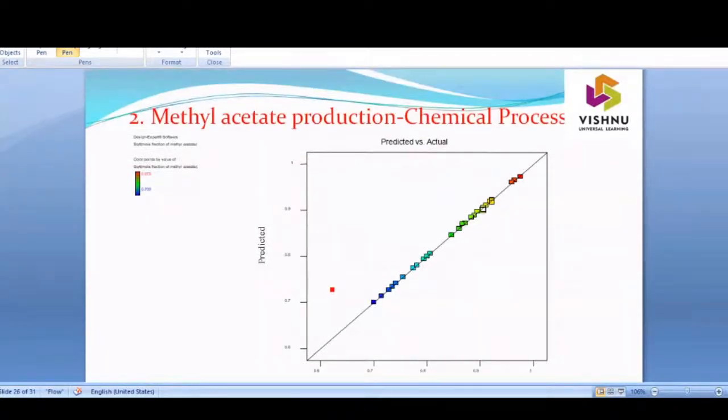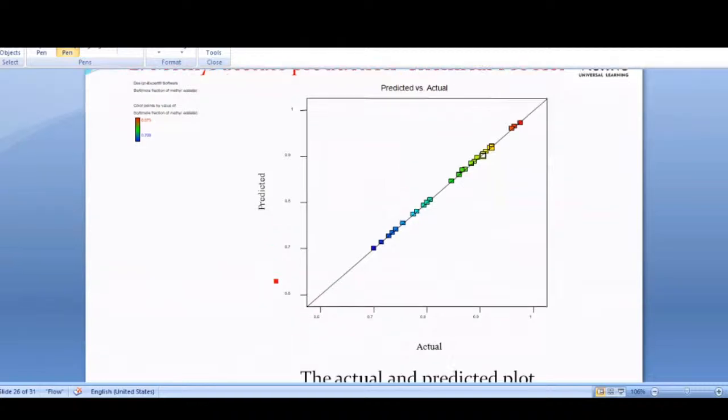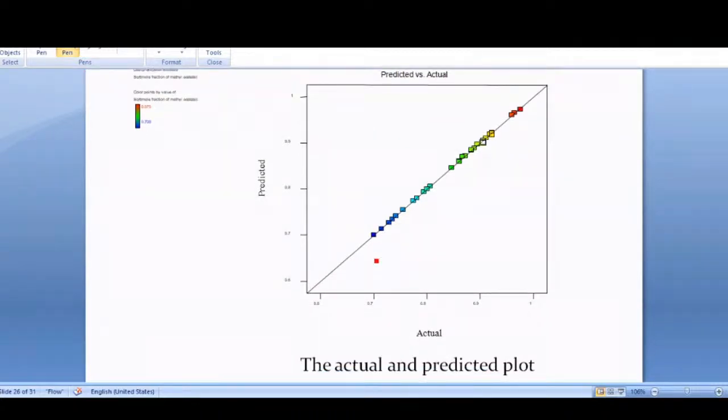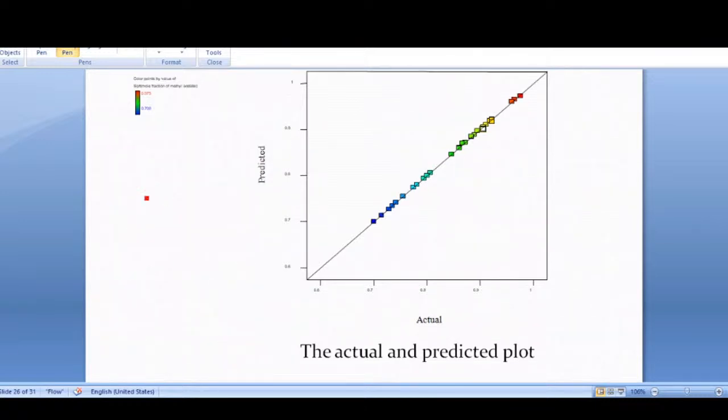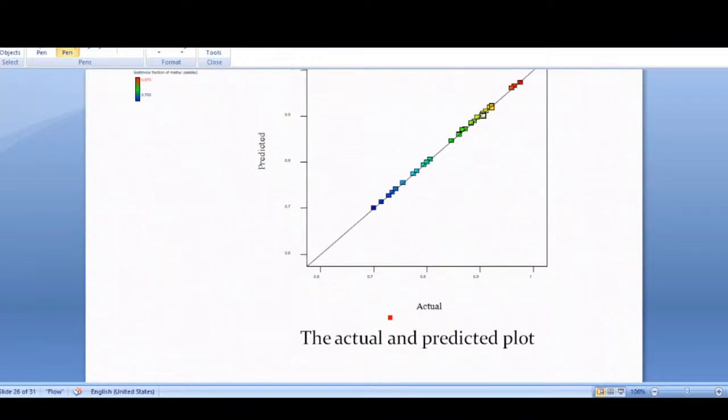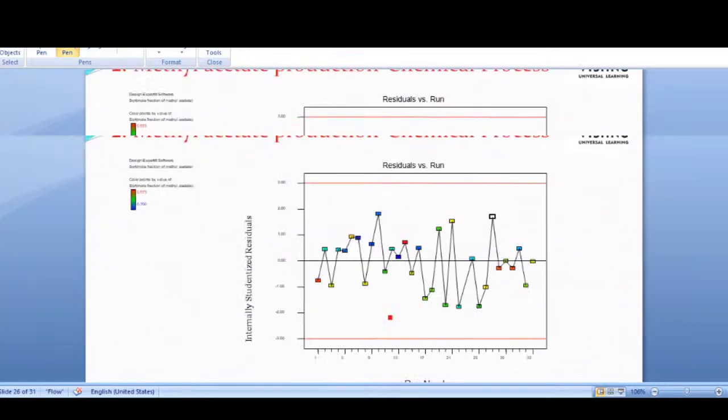This plot shows the goodness of the fit. These are the predicted values and the actual values. Actual values means the experimental values, compared to the predicted values from the regression model. If you observe here, almost these two are linearly dependent. Predicted and actual values are following almost the same trend.